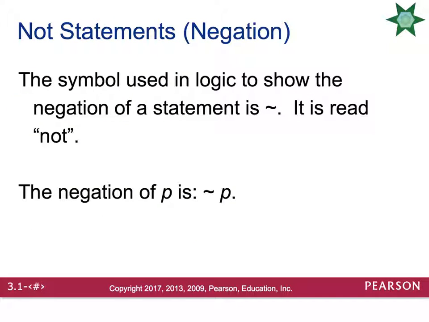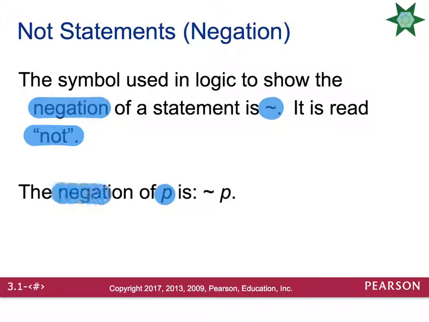The symbol we use for negation is a little squiggly dash, and that's read as not. We're going to put it in front of the statement. So if we have a statement P, the negation of that would be squiggly P. That's the negation of P. In other words, if this is false, this is true. If this is true, this is false. Always.